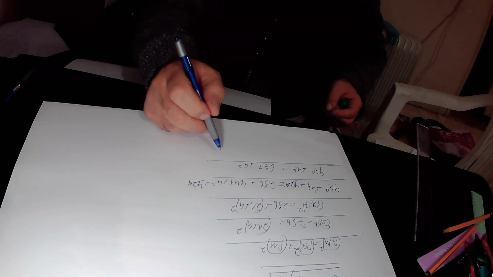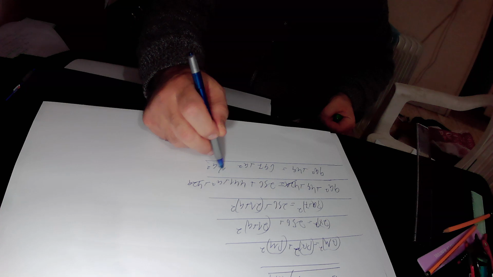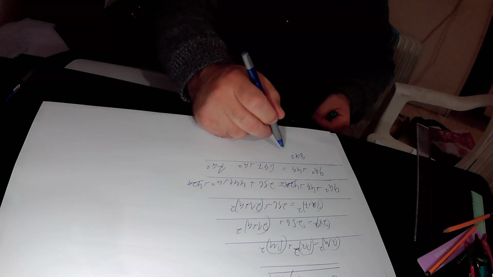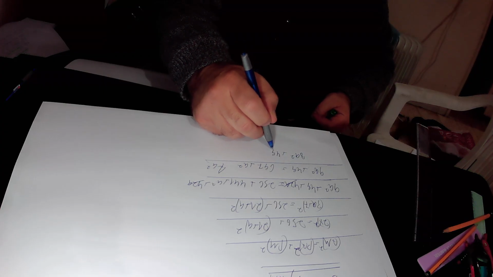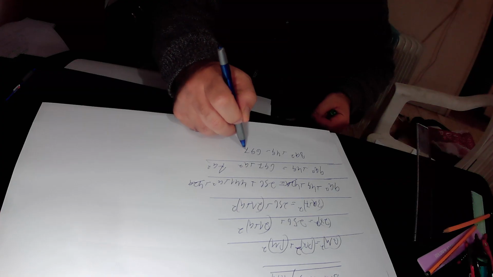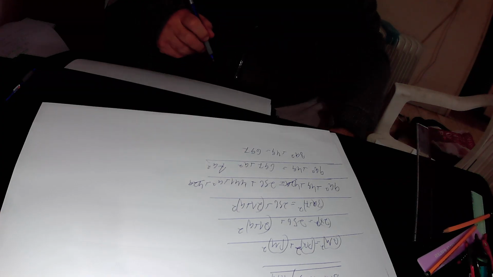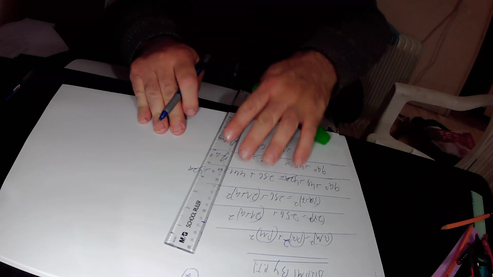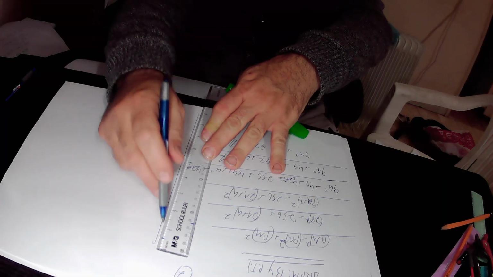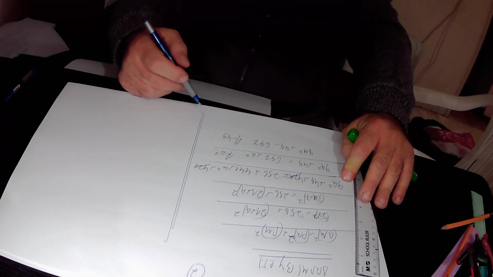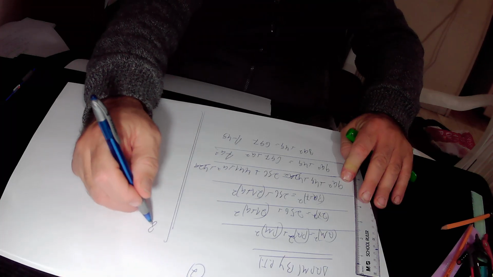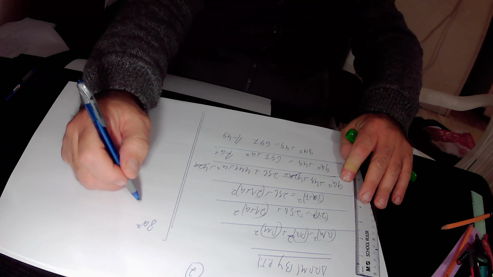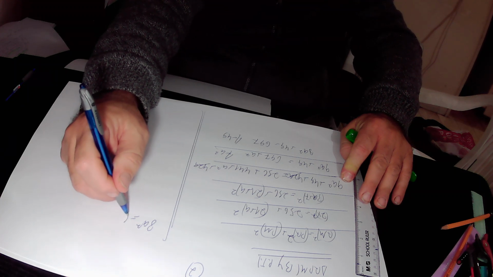Here we subtract a squared from this equation. 9a squared minus a squared is 8a squared, plus 49 equals 697. Here we subtract 49 from this equation and we get that 8a squared equals 697 minus 49, which equals 648.